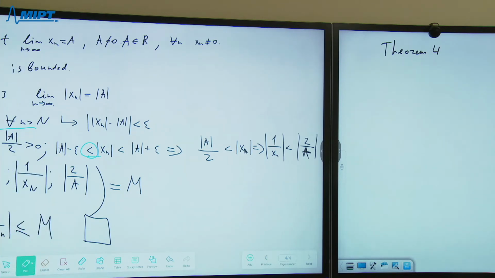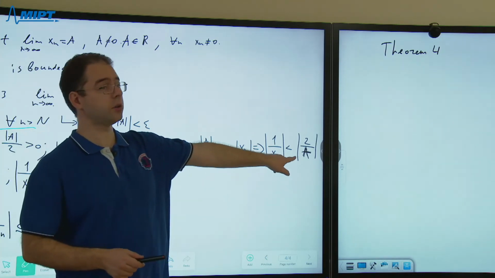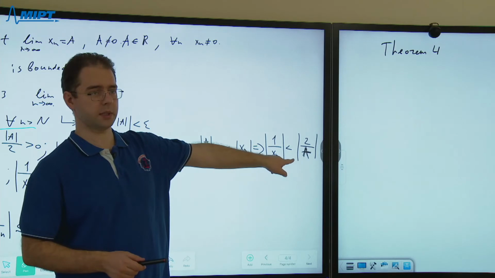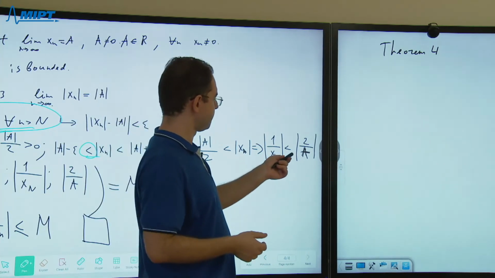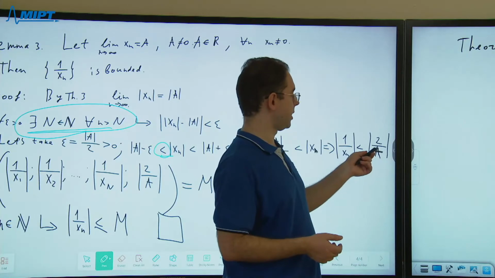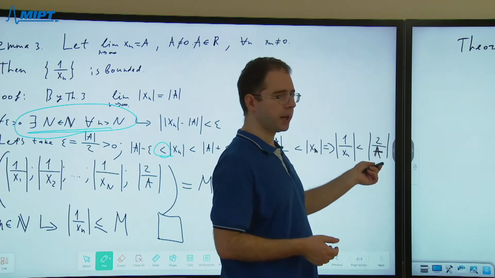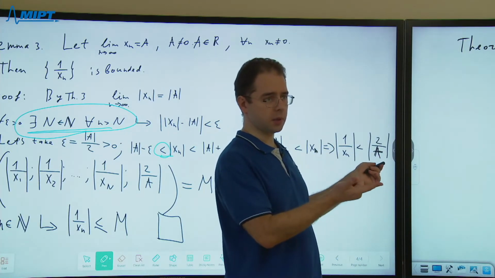Okay, because this is true not for all of the terms of my sequence. This is true starting at this point. Can you see? So the first terms of my sequence could be any other number. You can easily see that this number 2 divided by a depends only on the limit of the sequence.